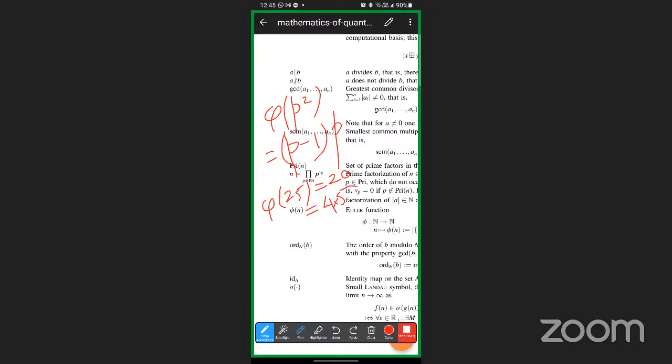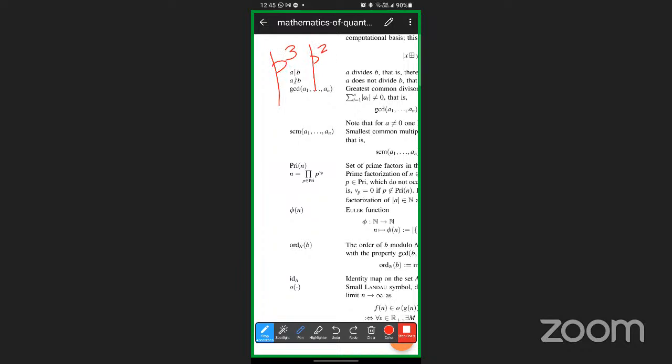Correct? Likewise, if you continue this process, say p cube, p power 4 and so on. In general, phi of p raised to n would be p minus 1 times p raised to n minus 1. You can calculate that now.